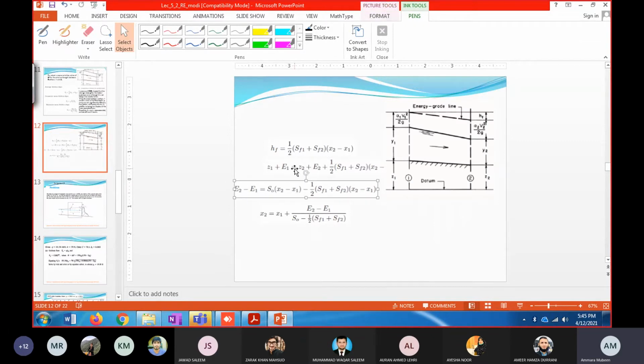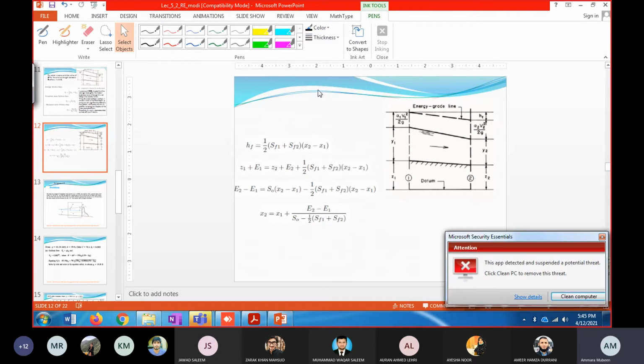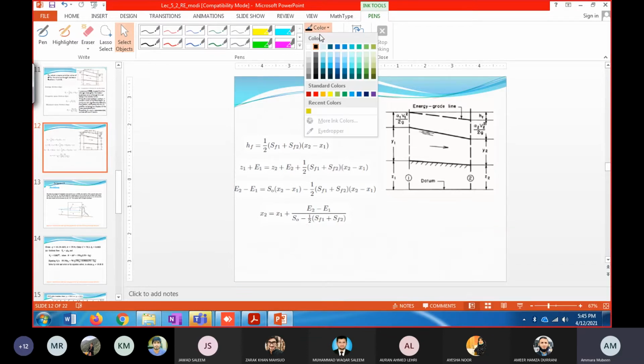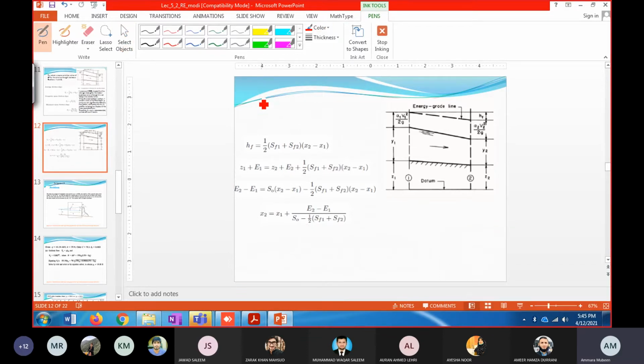Okay, this is a very simple method. In this method, you need to find x at a specified depth. Sorry, is this correct?